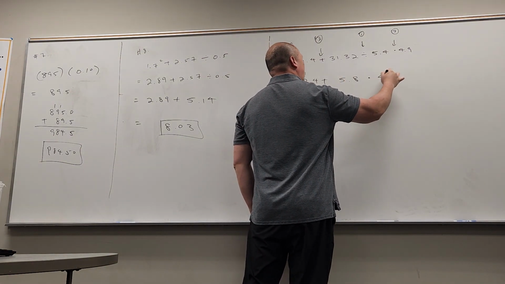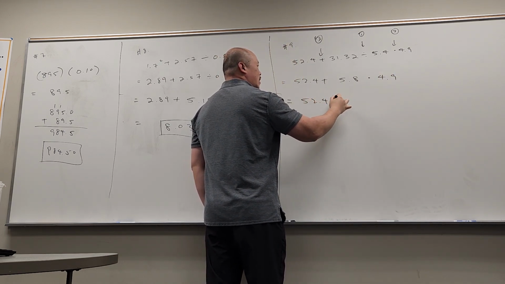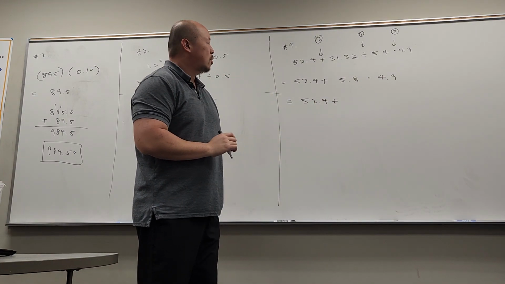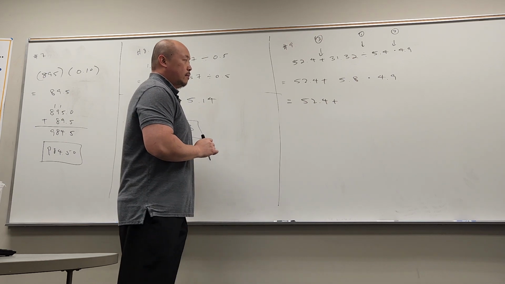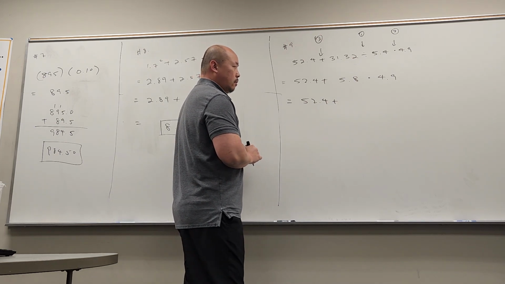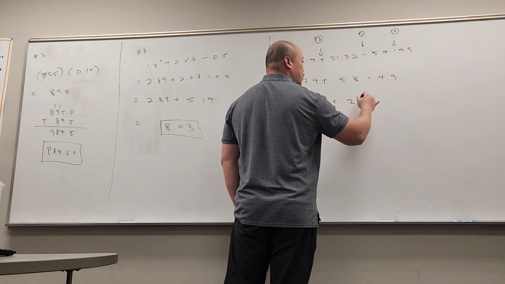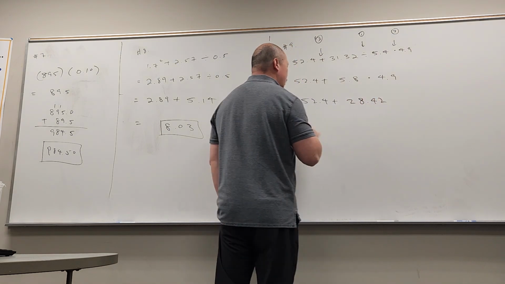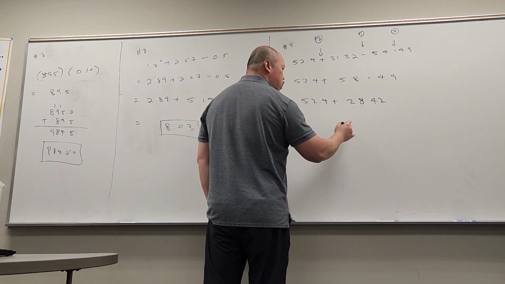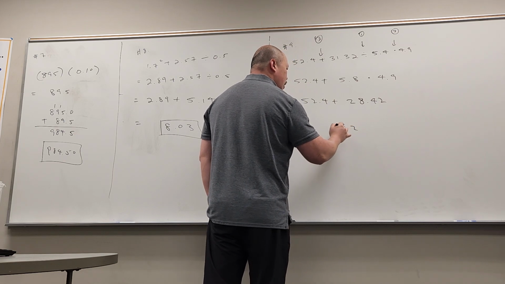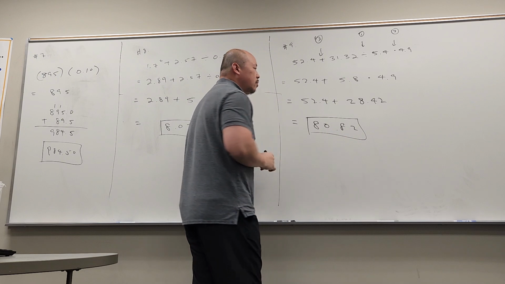And then that's times 4.9, right? Then the next thing would be the multiplication. Put in 5.8 times 4.9 to see what you get. 28.42. So now let's add them up. That'll be 80.82.